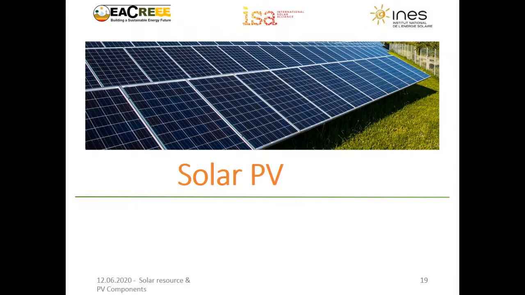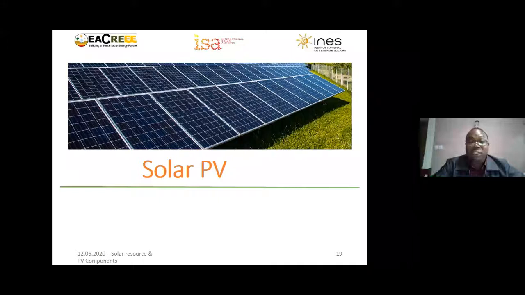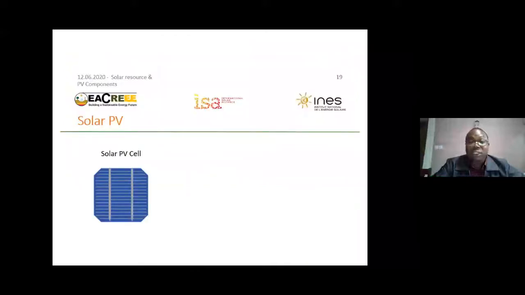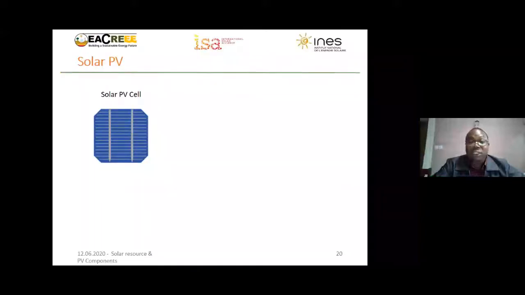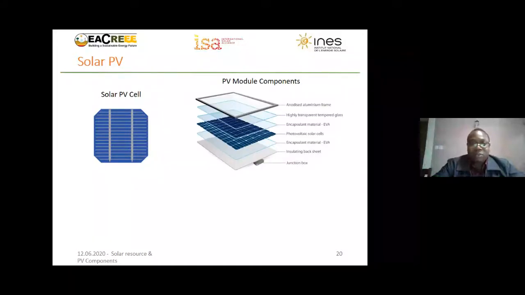So we all know that a solar PV system is made up of small cells. Usually they are silicon cells that are connected together, and having a number of them, we form what we commonly know as a solar PV module.